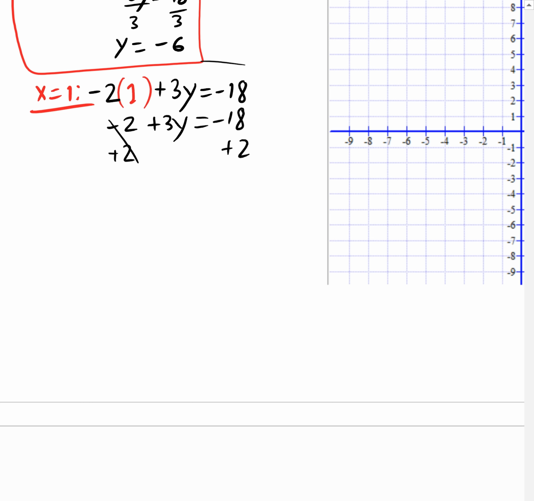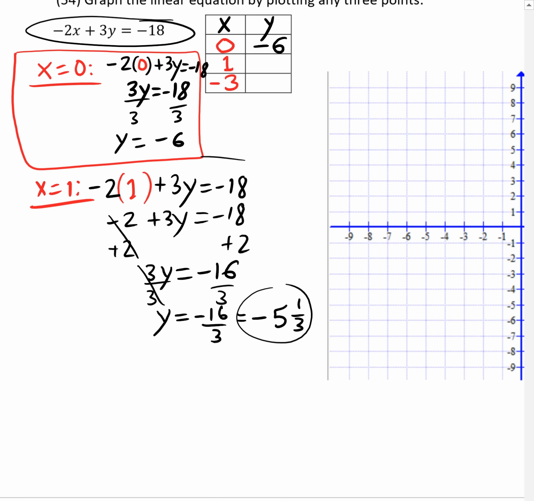That'll leave me with 3y is negative 16. So I'm not going to get a nice value, but oh well. I can still make it a mixed number. Negative 16 over 3. See, 3 can go into 16 at most 5 times with 1 left over. So it's negative 5 1/3. That would be the y value. There we go. Alright, last guy.